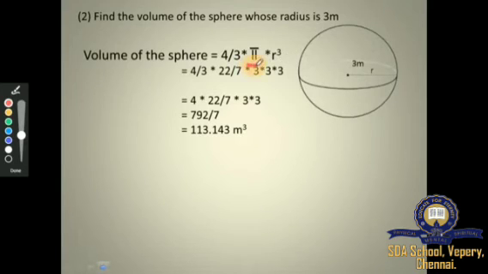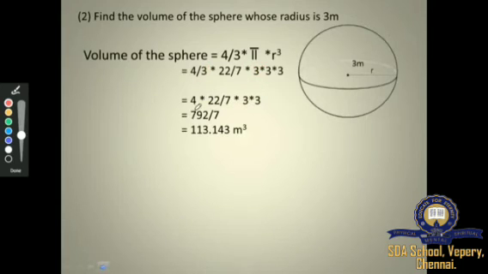The value of pi is taken to be 22 by 7. So it is 4 by 3 into 22 by 7 into r cube. 3 times of the radius, so it is 3 into 3 into 3, and this 3 and this 3 can be cancelled. So 4 into 22 by 7 into 3 into 3.